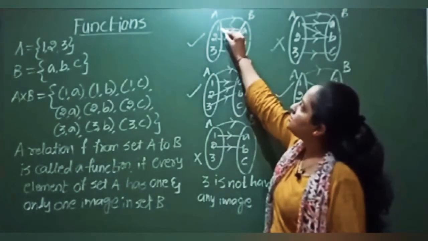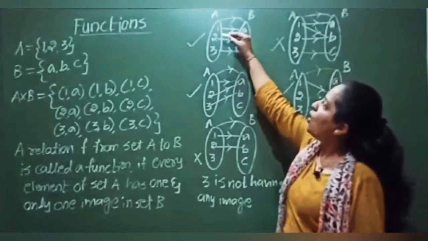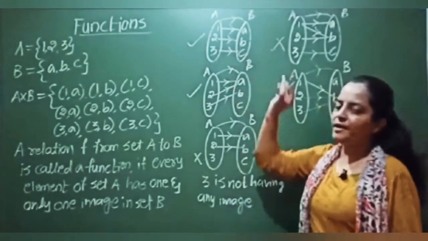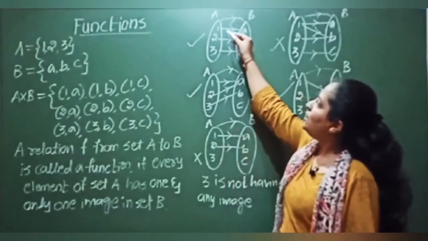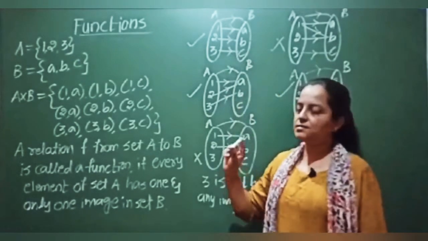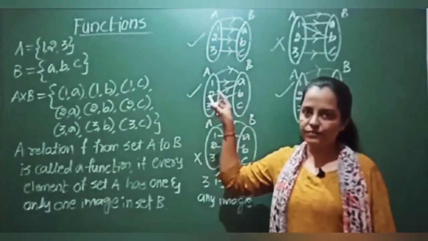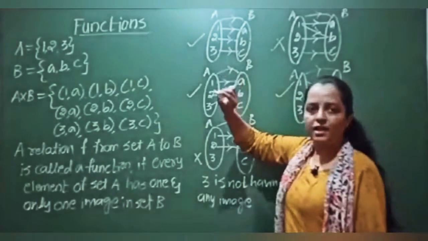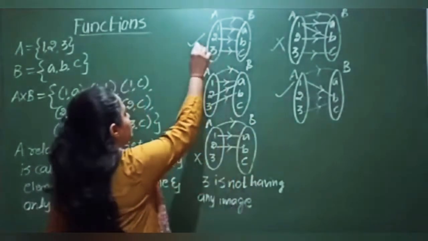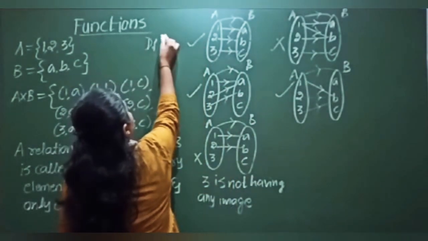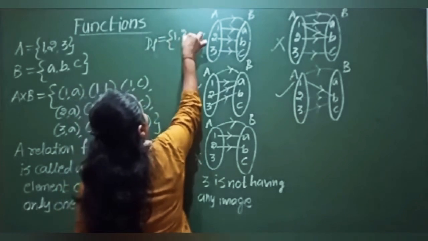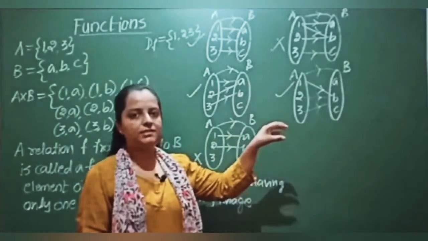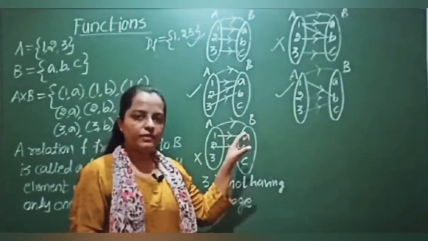And in this function, all the elements of set A are mapped to some of the elements of the set B. Means the arrows start from each and every element of the set A. So we can call the domain of this function 1, 2, 3.